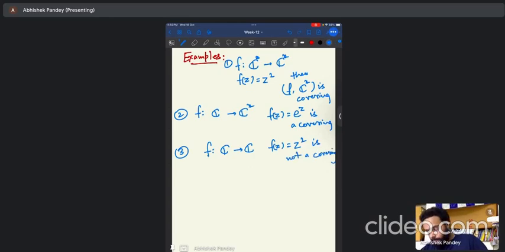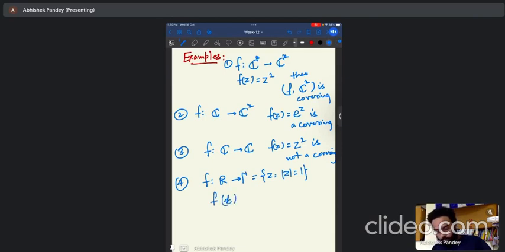Fourth, you can create a lot of examples: define f of t equal to e to the power 2 pi i t, and then f is a covering of this gamma.